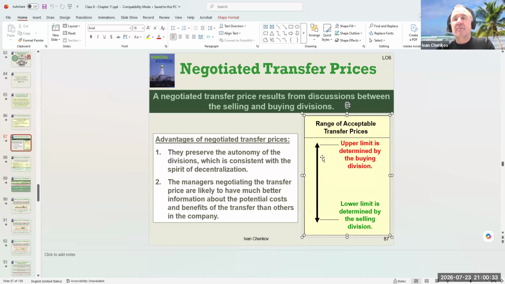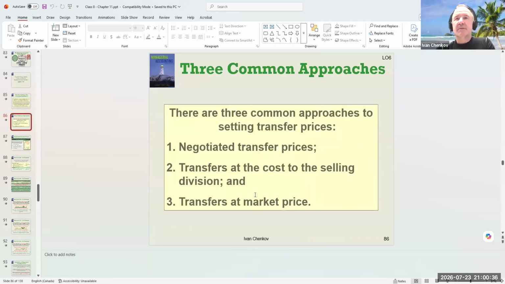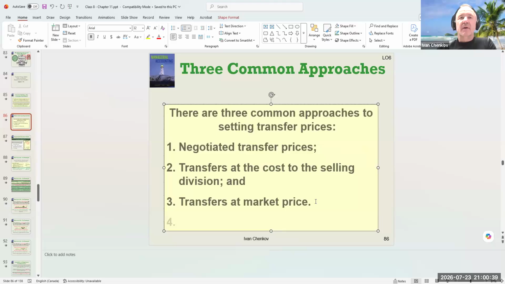if I'm the buying division and I'm buying from the outside market for $20, and my other division sells outside for, let's say, $25, I'm never gonna buy from my selling division at 25.